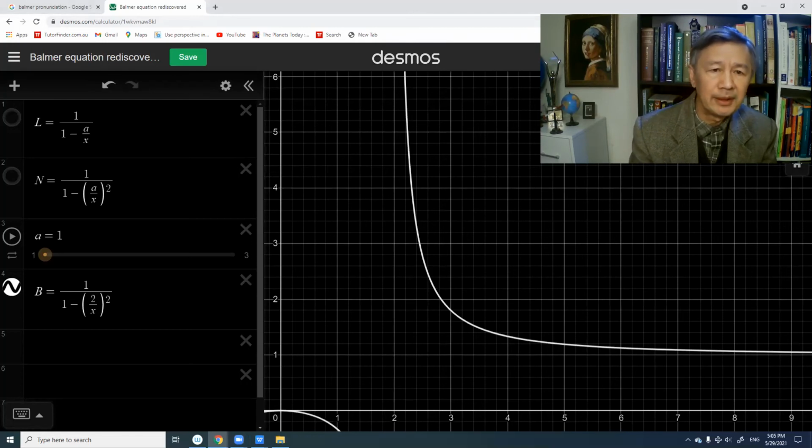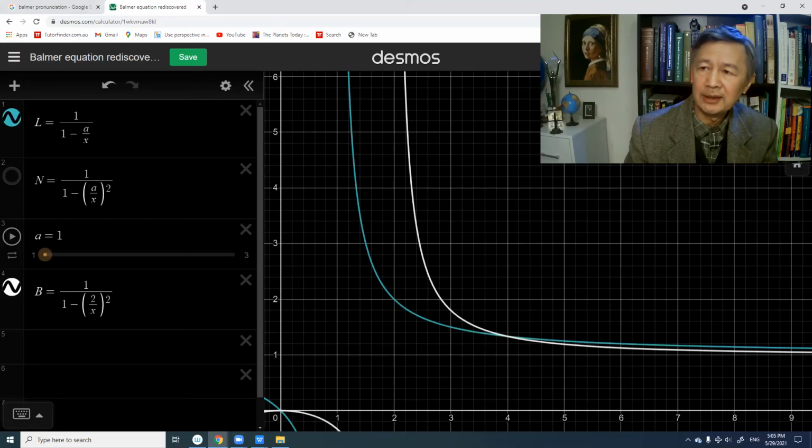In the first place, we can use the formula I showed you: L, the wavelength, equals 1 divided by 1 minus A divided by X. Here we use X as a continuous variable, and A is the integer 1 here. Now let's change A, which is handy.